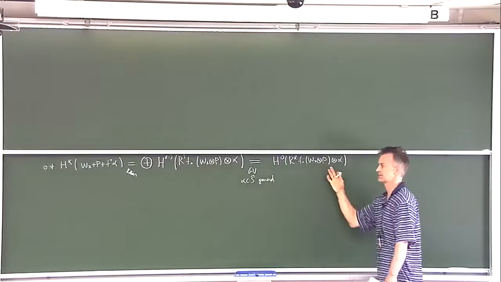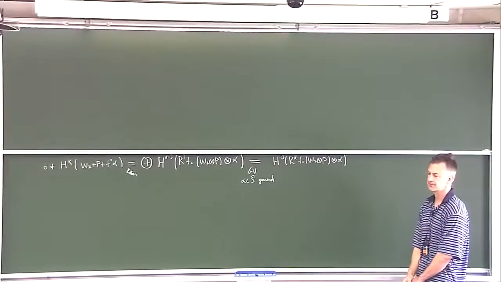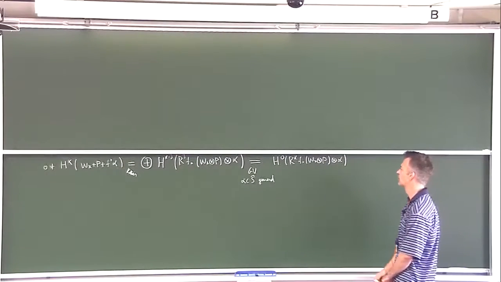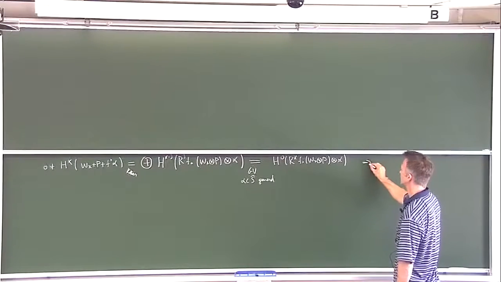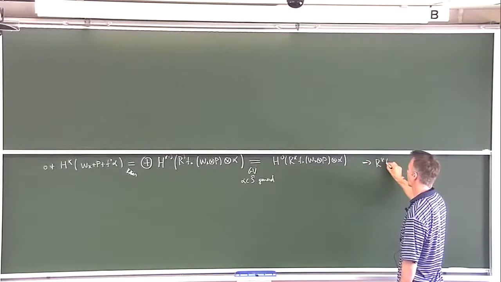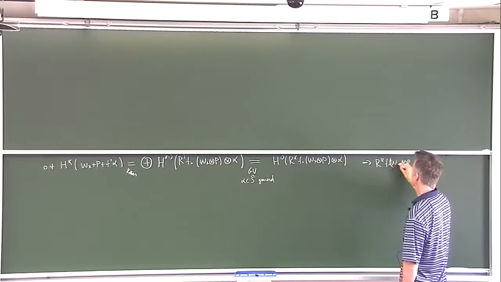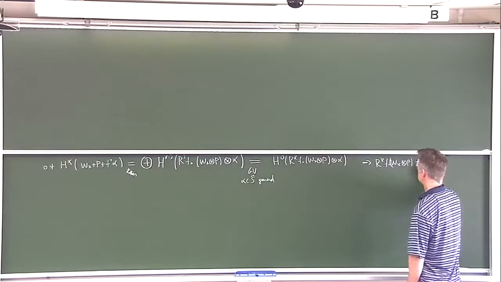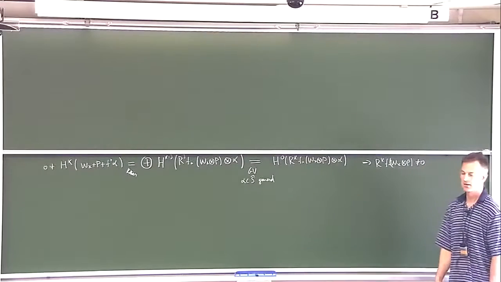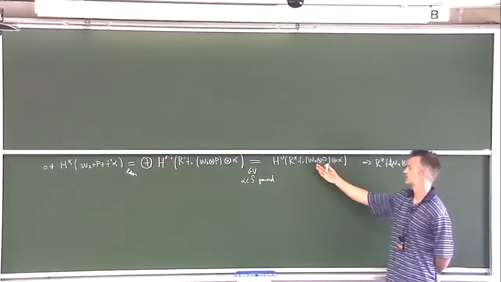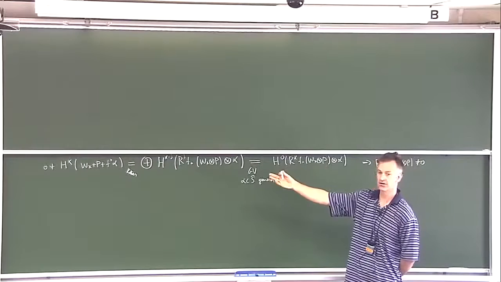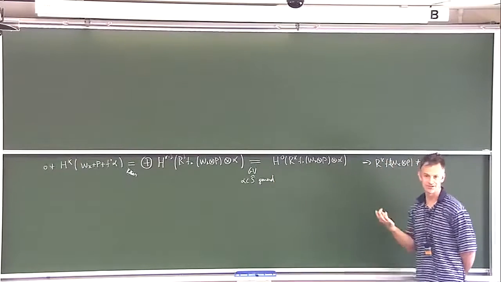So the only one that survives is the zeroth cohomology. Okay, so now this tells me in particular that R k F lower star of omega X tensor P is non-zero. If a cohomology group of something is non-zero, then the sheaf has to be non-zero.